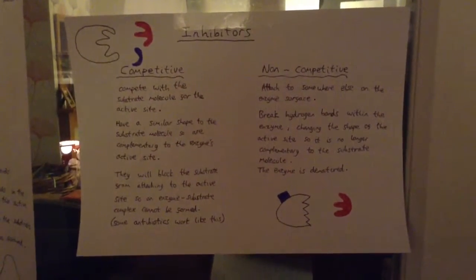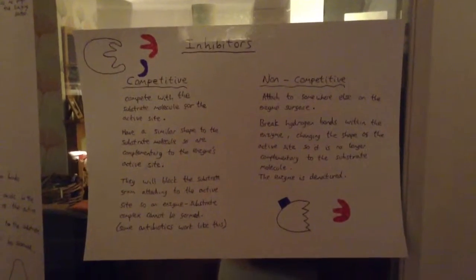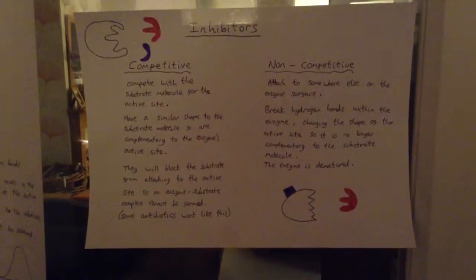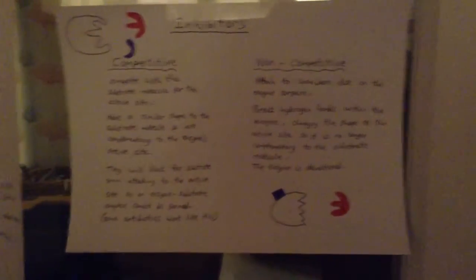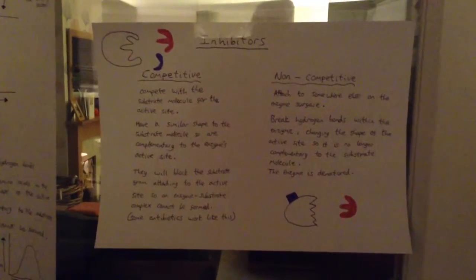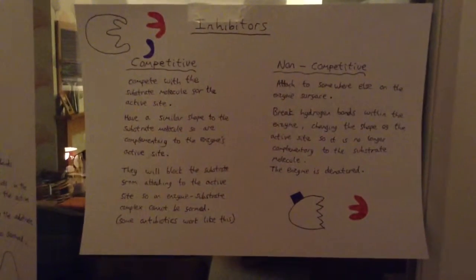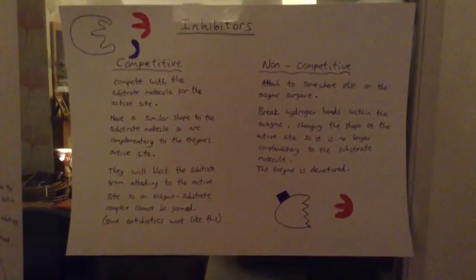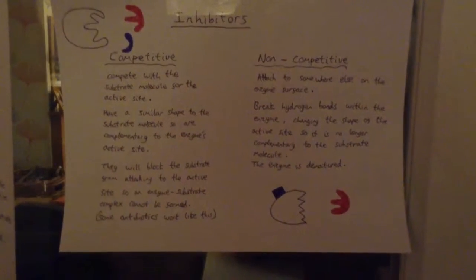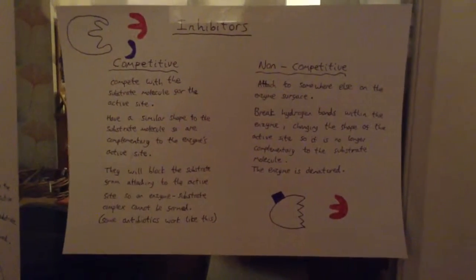And what it will do there is it will actually break the hydrogen bonds within the enzyme, changing the shape of the active site, so the active site is no longer complementary to the substrate molecule, meaning an enzyme-substrate complex cannot be formed and the enzyme is denatured. So that's very similar to how temperature works on enzymes.